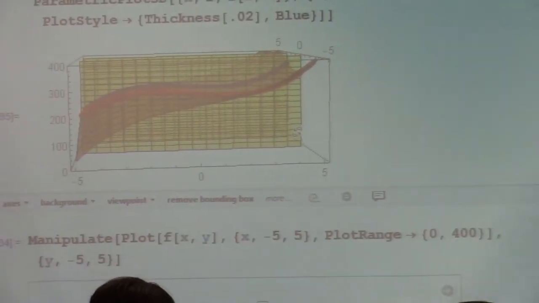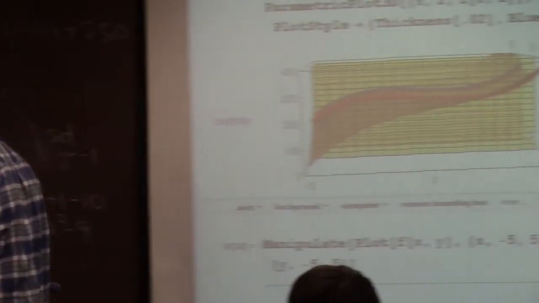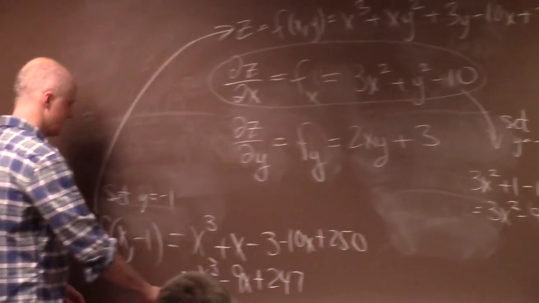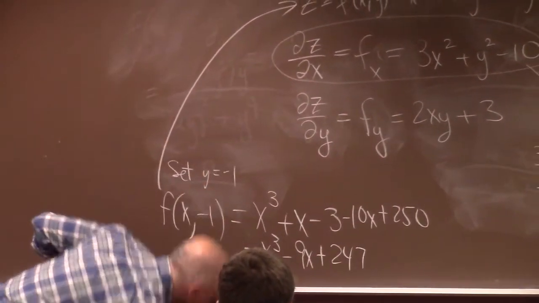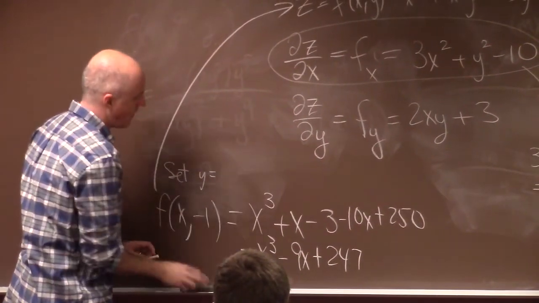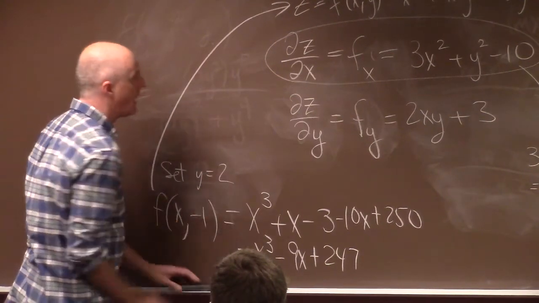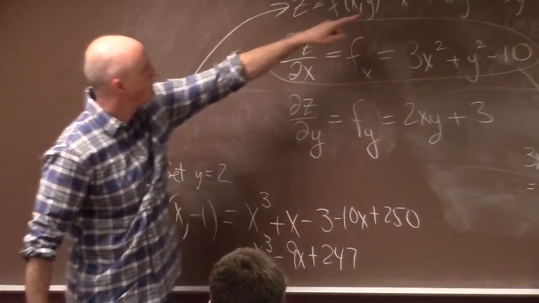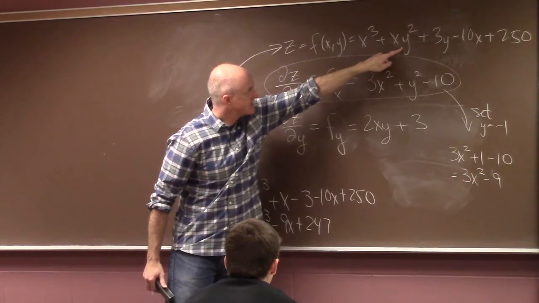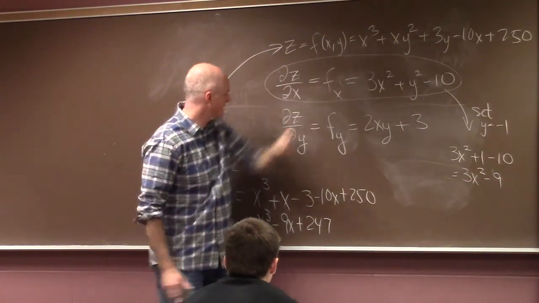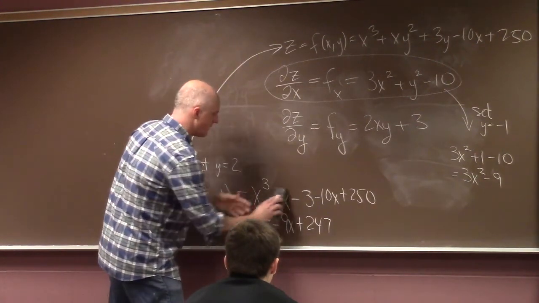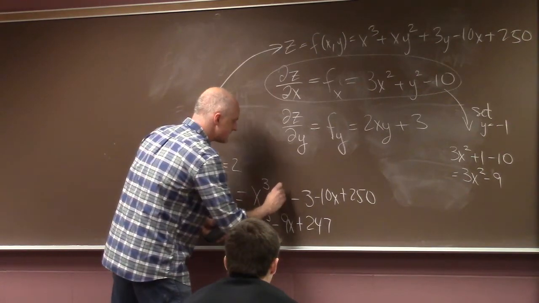When you replace y with 2 instead of -1, all right, if I erase what's going on here, set y equal to 2 instead of -1, what happens? Look up there. Replace the y with 2 now. 2 squared is 4, so instead of an x, you get a 4x.